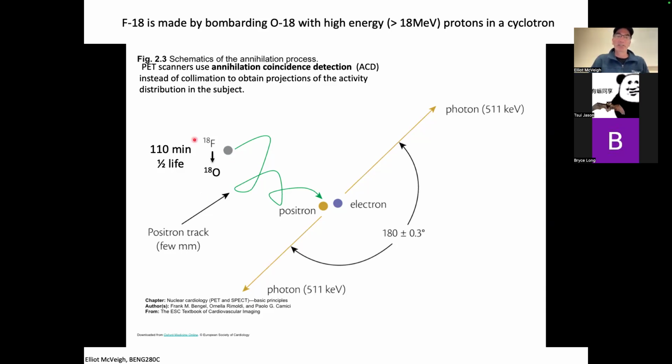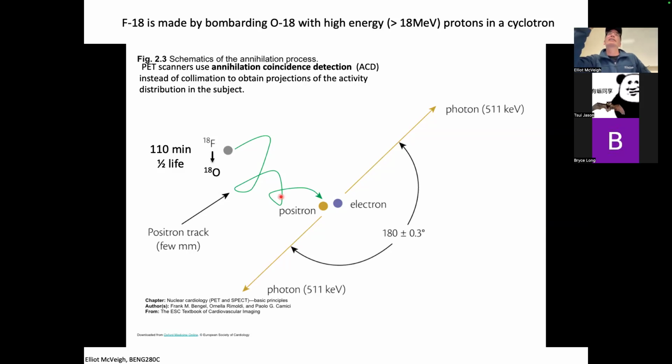But just to review, here we have this fluorine-18, and it's going to decay into oxygen-18. It's going to emit a positron in that decay, and then that positron will wander around through the water and cells around it until it finds an electron, or it loses enough energy such that when it comes in contact with an electron, they annihilate each other, right?